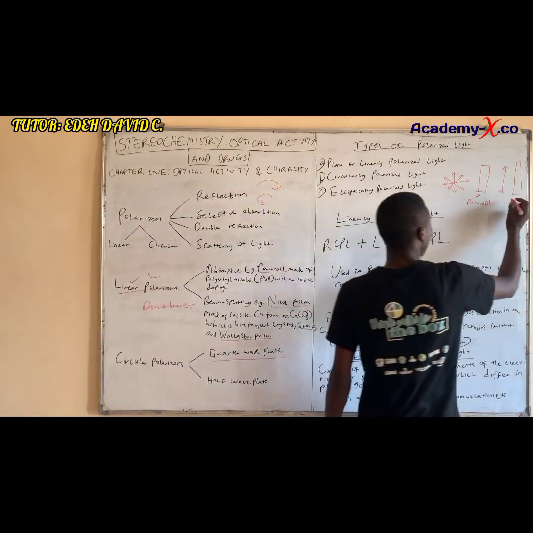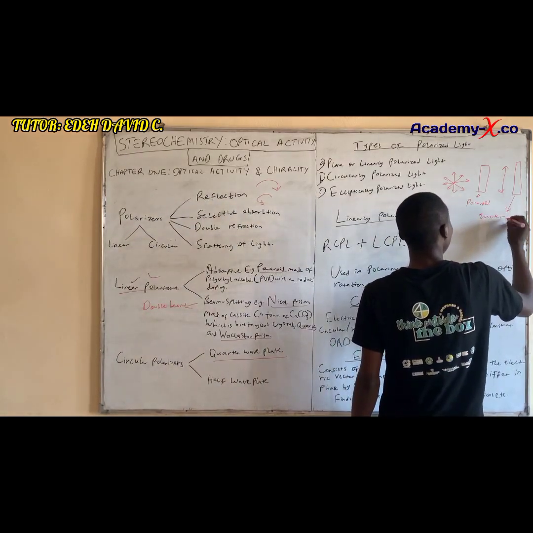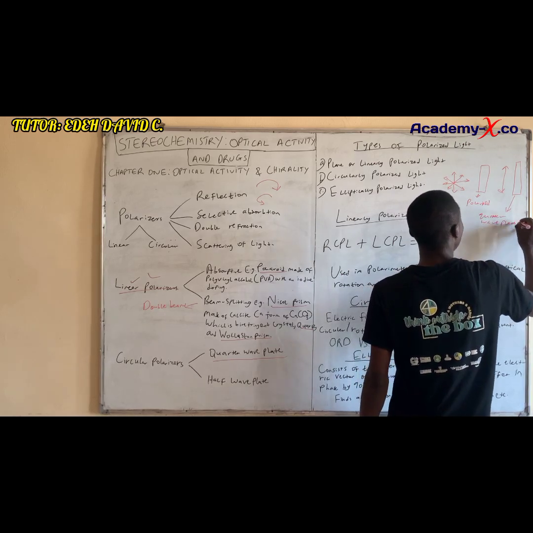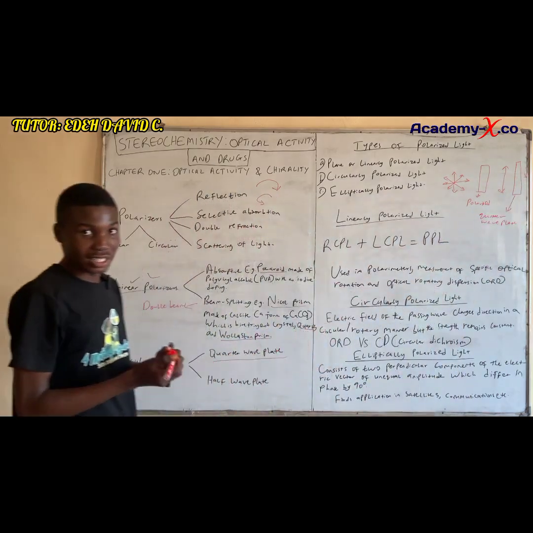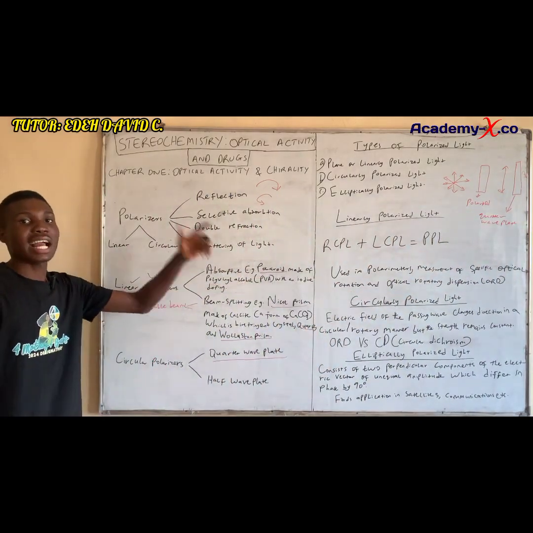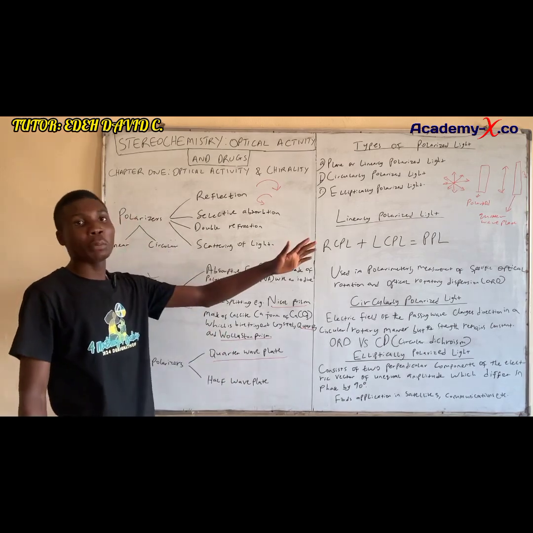And then this is going to be a quarter wave plate. So when it passes through this quarter wave plate, you now begin to have light that is rotating. I don't know if you're getting it now. So first you get a linearly polarized light, and then you pass it through a quarter wave plate, and it produces circularly polarized light.